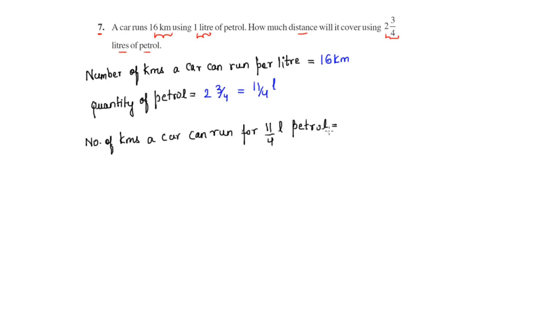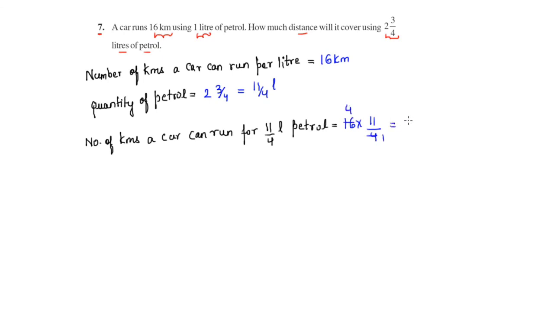So it will be equal to the distance that the car covered using 1 liter of petrol, that is your 16 km. So we will write 16 times the quantity of petrol, that is 8/3. Clear?